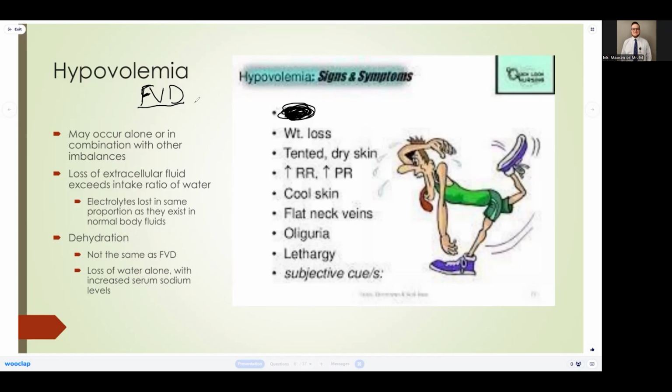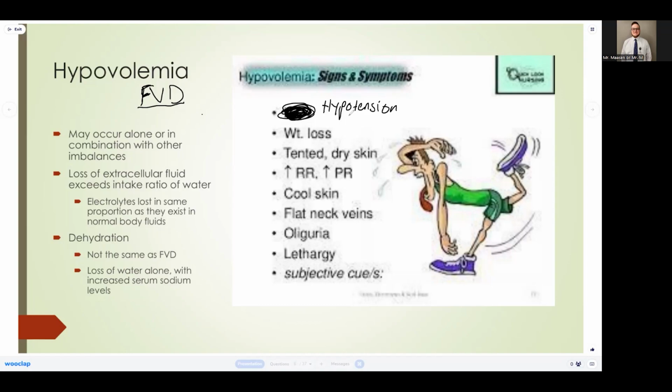People with not enough volume are not really going to have hypertension, because someone with fluid volume deficit doesn't have enough volume in their bloodstream. They would have hypotension, low blood pressure, and weight loss because of water weight. They're going to have tenting, dry skin. If you're checking someone's skin turgor, on the back of your hand or around your collarbone, and I were fluid volume deficit or dehydrated, and you pinched that skin, it would stay in place.